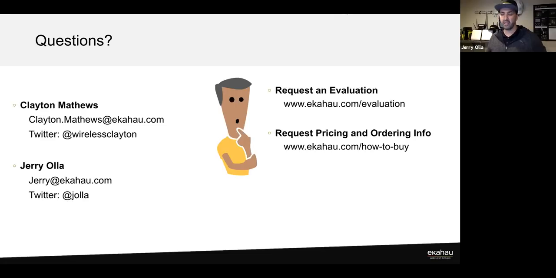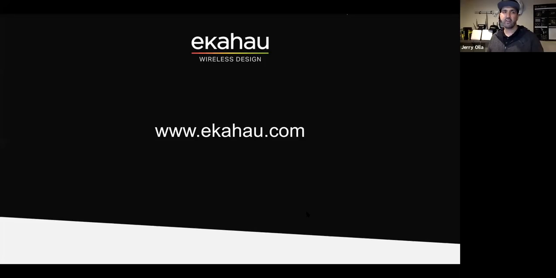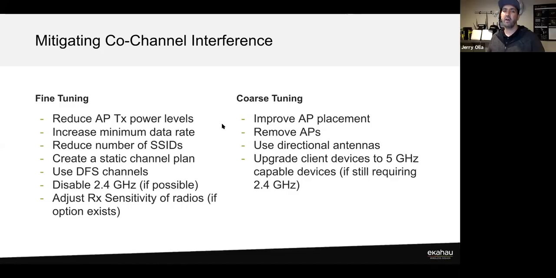The only thing on my list of mitigating co-channel interference would be, under the coarse tuning, upgrading your client devices to be 5 gigahertz capable if you do still have 2.4 gigahertz only clients in your environment. Beyond that, what else can we really do when it comes to the client? So that's why, unfortunately, we don't really have a whole lot to talk about there.